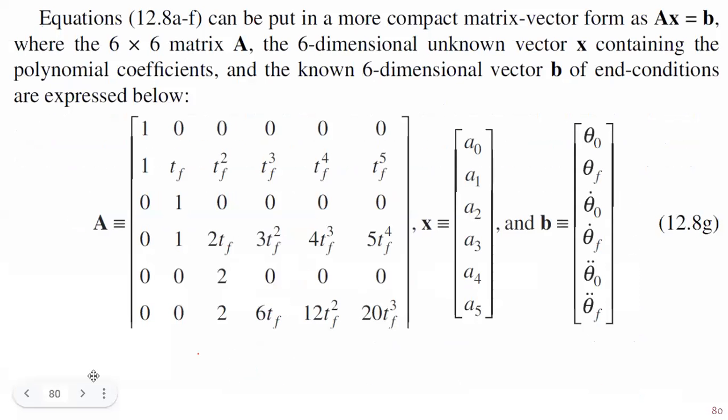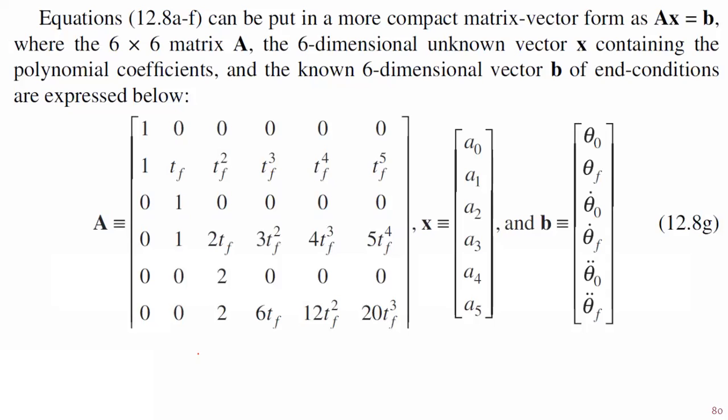Equations 12.8a to f can be put in a more compact matrix vector form as Ax is equal to b, where the 6 by 6 matrix A, the 6-dimensional unknown vector x containing the polynomial coefficients, and the known 6-dimensional vector b of end conditions are expressed below.